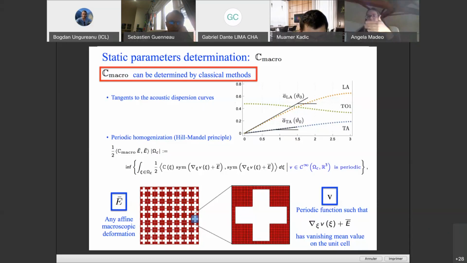We compute the value of the slope of these curves, and we can directly relate to the C macro. Or, to be more precise, we can use what we did in some of our papers. We can use classical periodic homogenization to get the C macro, which corresponds to the homogenized version of our metamaterial. So the point is, C macro can be calculated easily.